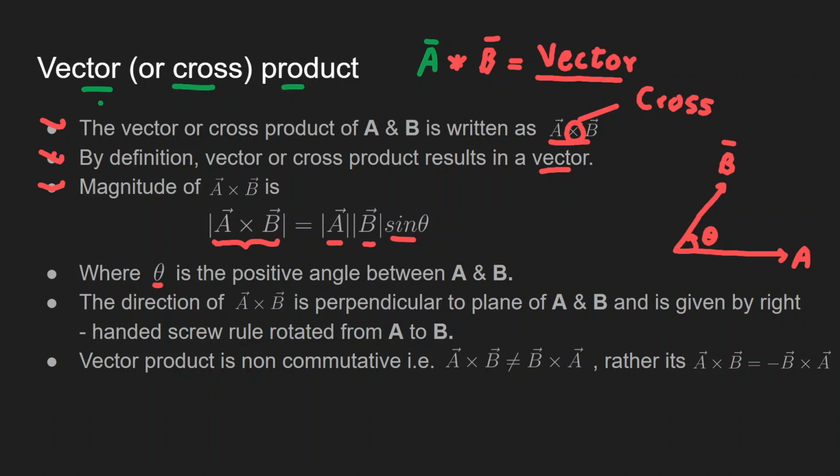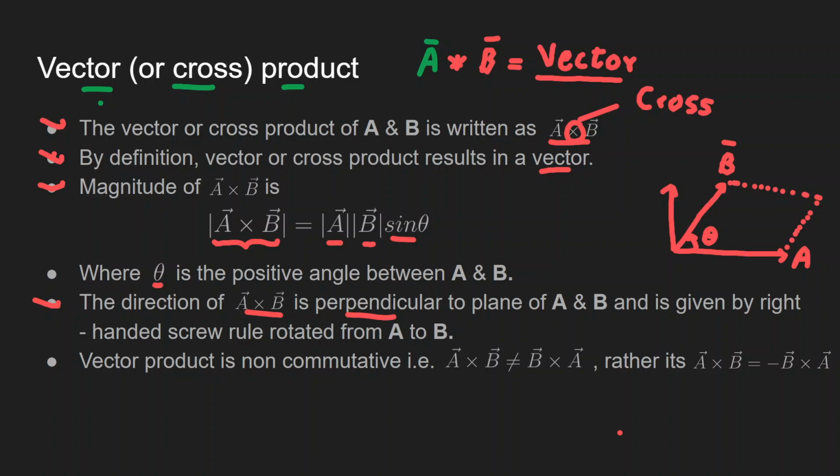Then the direction. If A cross B is giving me a vector, that vector should have a direction. So how do we find the direction of that vector? The direction of A cross B is perpendicular to the plane of A and B. If I draw this plane, the perpendicular to this plane will be the direction of A cross B. You can take the book example.